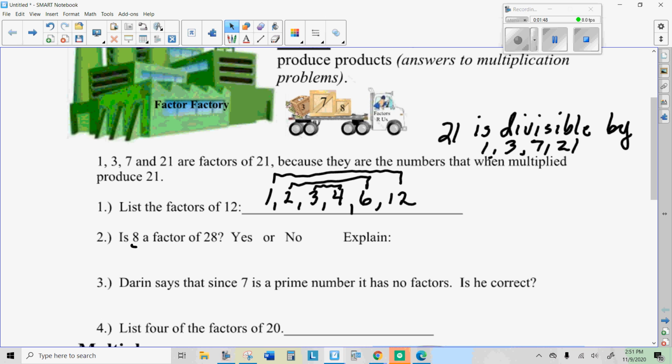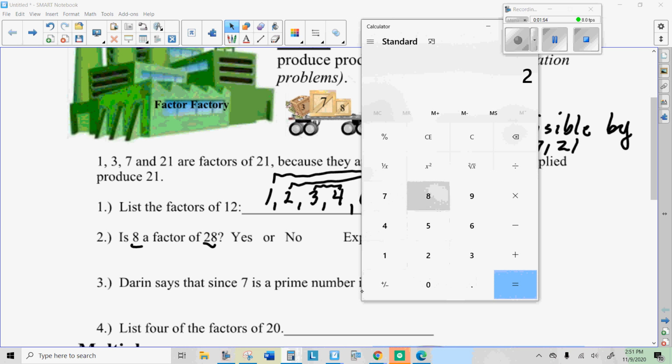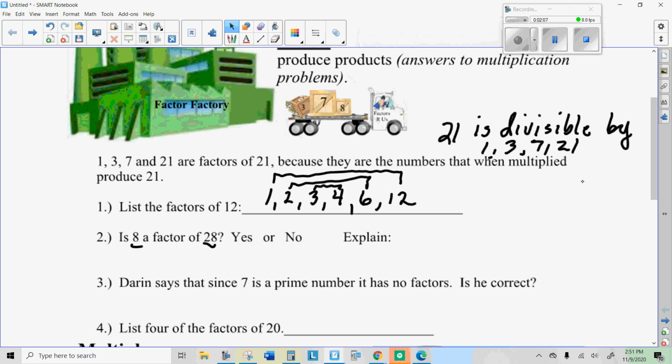So we want to figure out, is 8 a factor of 28? Let's do it this way. If you do 28 divided by 8, it should come out to a whole number if it's a factor. In other words, 28 is divisible by 8. And we get 3.5, so we're going to say, no, not a factor.